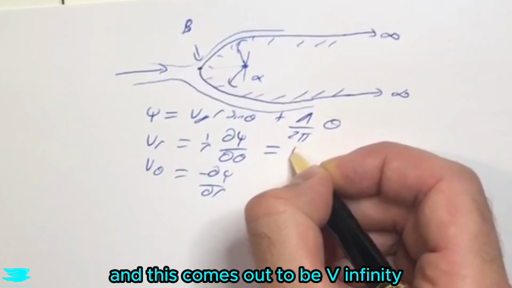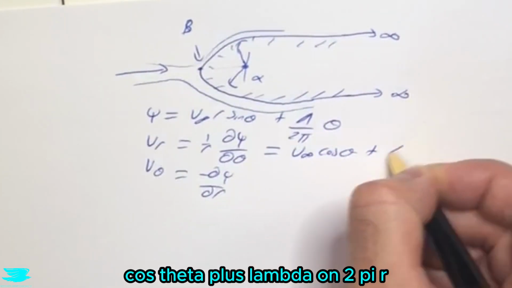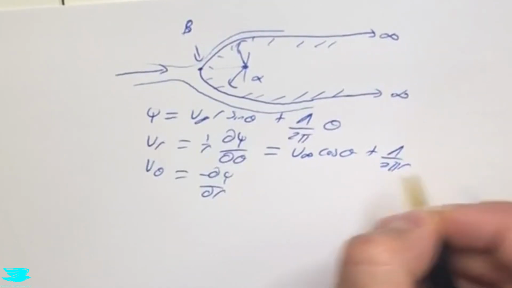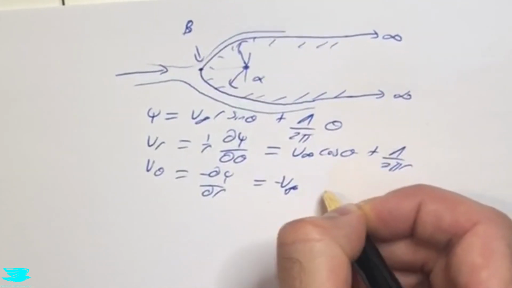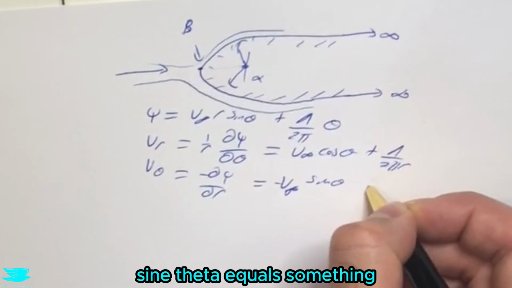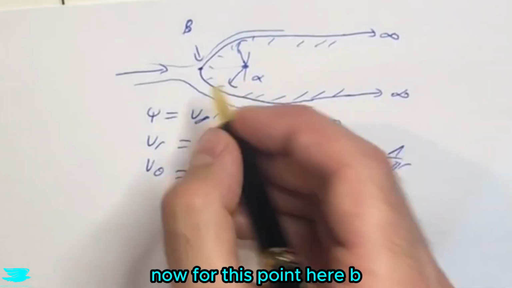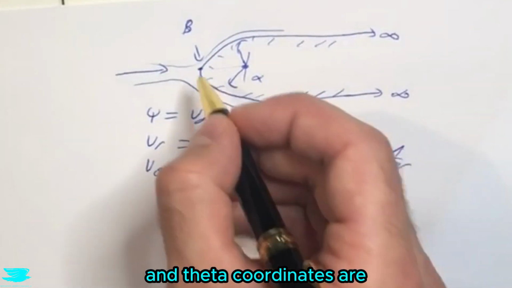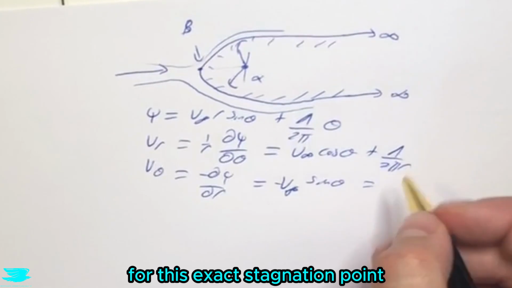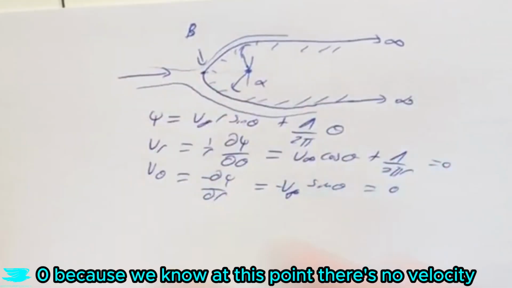This comes out to be v infinity cos theta plus lambda on 2 pi r for Vr, and v theta comes out to be minus v infinity sine theta. Now, for this point here, B, we can calculate what the r and theta coordinates are for this exact stagnation point by setting both Vr and v theta to 0, because we know at this point there's no velocity.